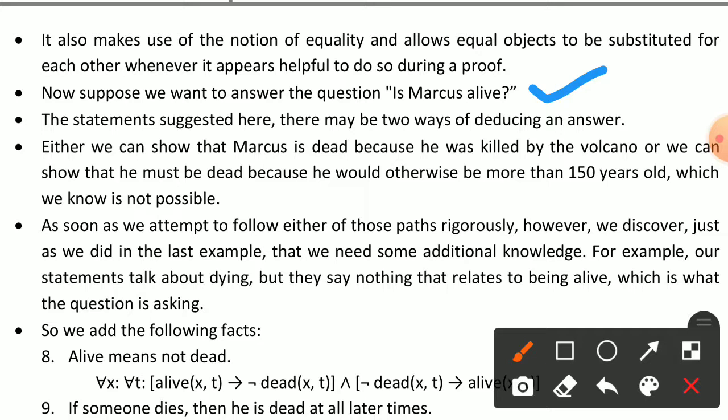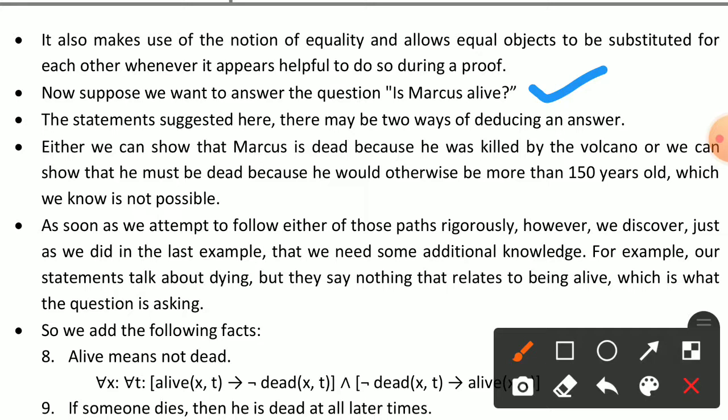Now, as soon as we attempt to follow either of those paths rigorously, however, we discover, just as we did in the last example, that we can find all the possible solutions and answer the question.